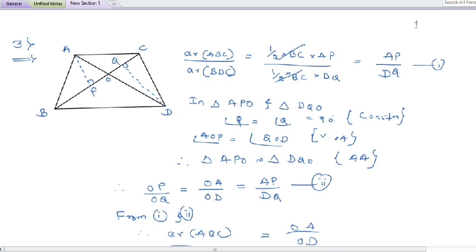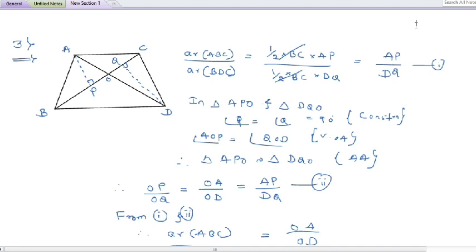If AD intersects BC at O, show that area of ABC divided by area of DBC is equal to AO divided by DO.